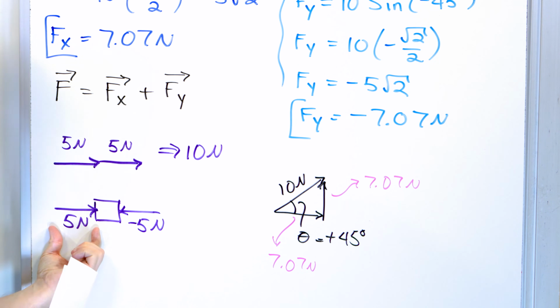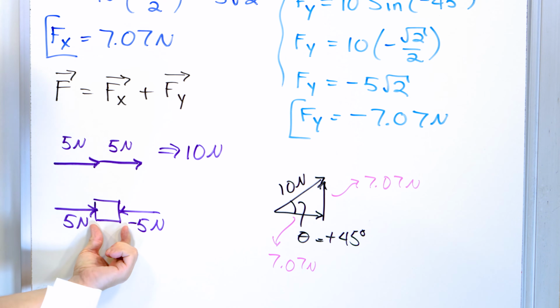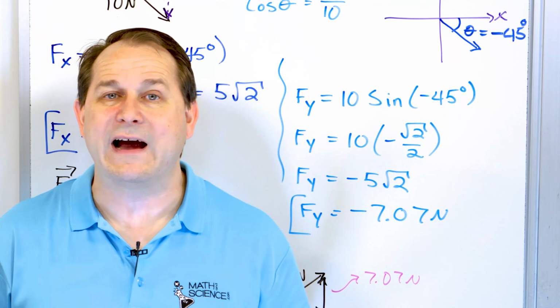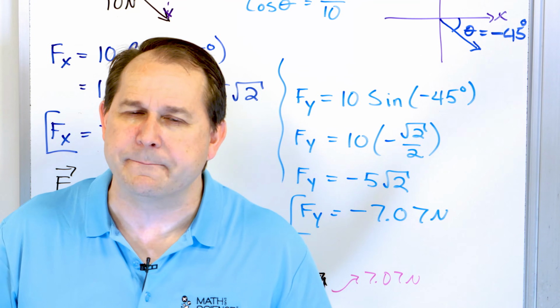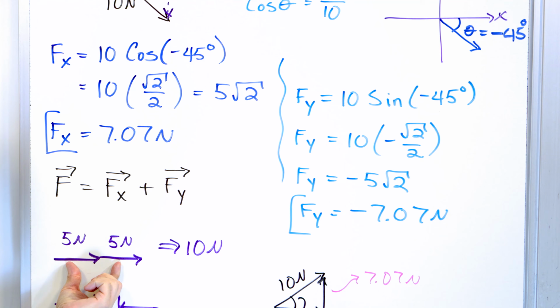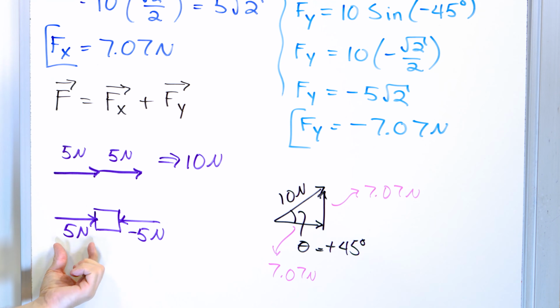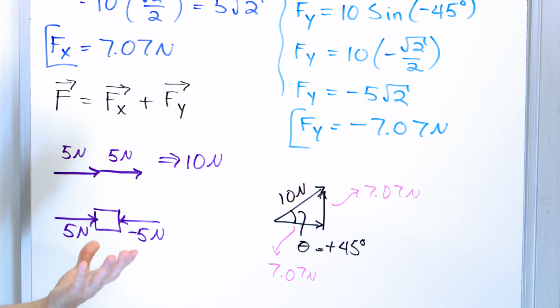So yes, when you add these together, this block is not going to move at all, because 5 newtons this way and 5 newtons this way cancel each other out. Really, you subtract them, right? So when the forces are exactly lined up, of course you can add them. If they're lined up the other way, you're still adding them, but because one is negative, you're really subtracting them. And so the block doesn't move.